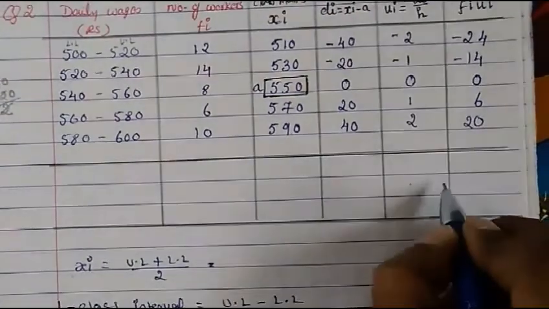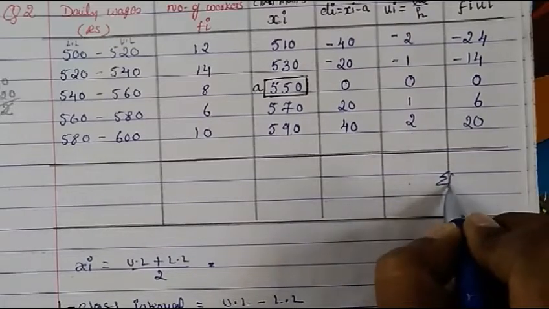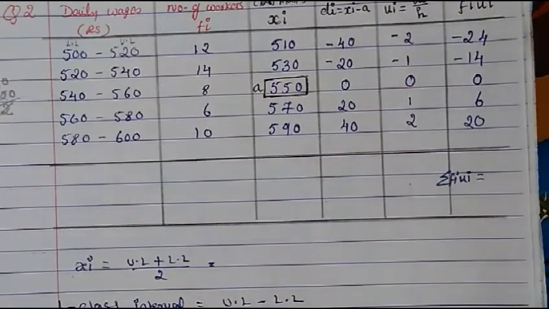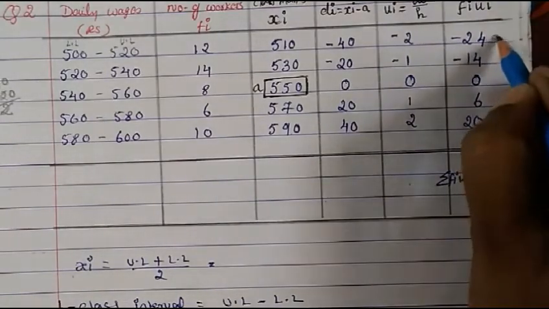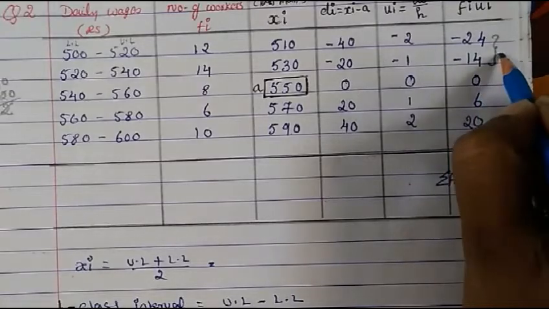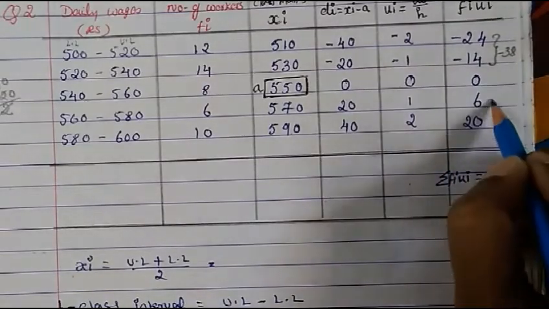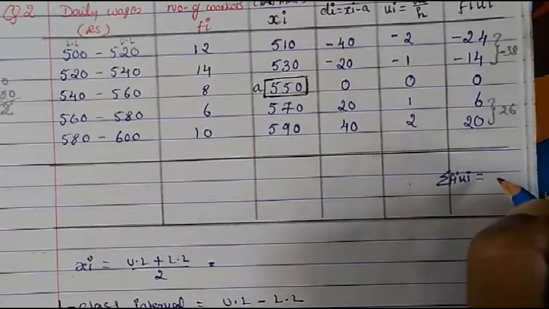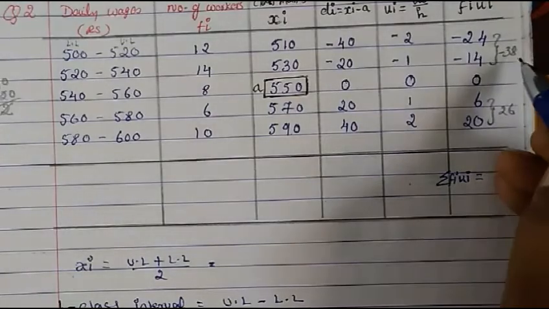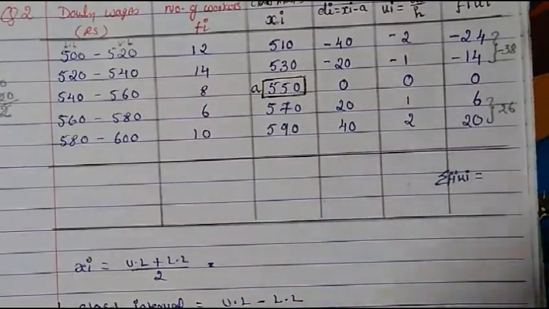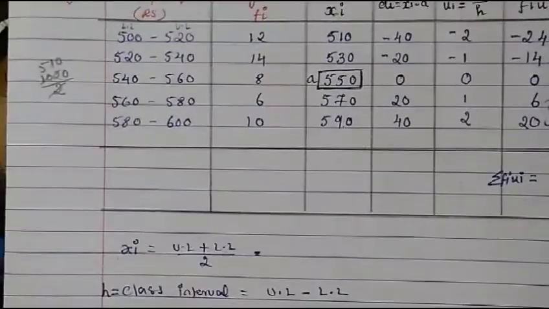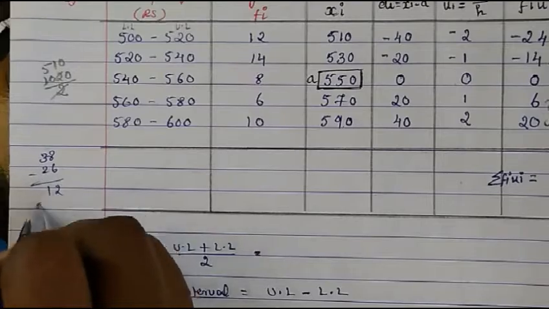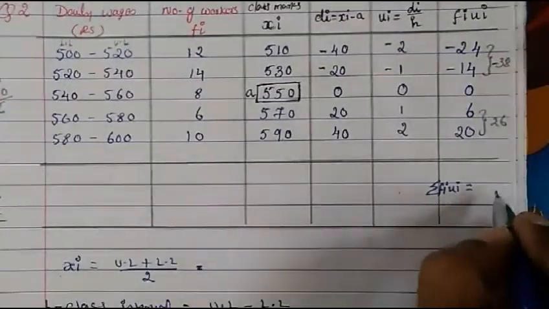So now write down the summation of fi and ui. So when you sum up, what will you get? This is actually negative. So 20, 30, 38. So minus 38. And this is 26. So minus 38, 26. What will you get? 38 minus 26. 12 we get.